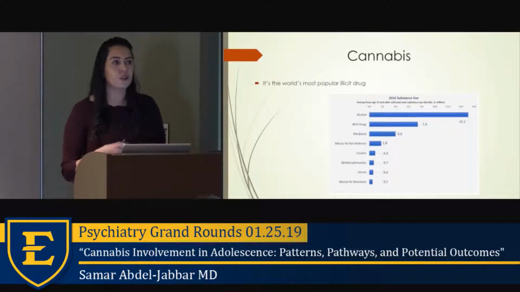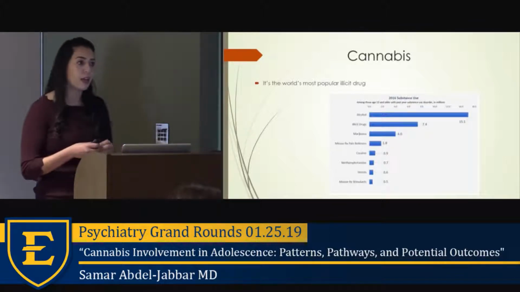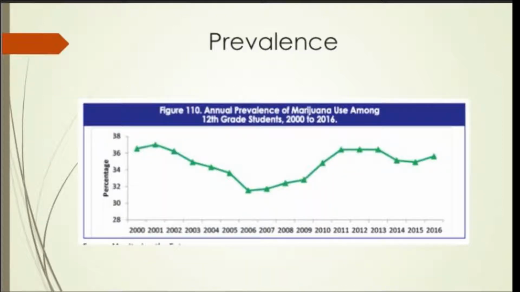So cannabis is the world's most popular illicit drug. It's the second most popular illicit drug among adolescents, right after alcohol. In 2017, a survey was released called Monitoring the Future through drugabuse.gov, conducted by researchers at the University of Michigan.